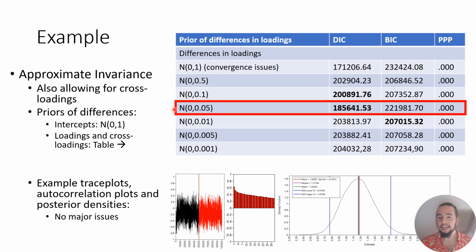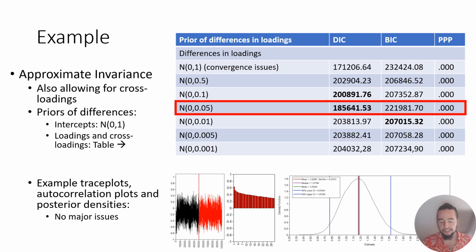The DIC indicates that this is the best model, except for this one, because it has convergence issues. So we could say that it is assumable to have a model with 7 countries where the loadings have an area of effect between very small values around 0, because the standard deviation is so low.